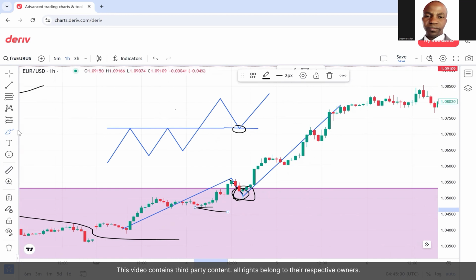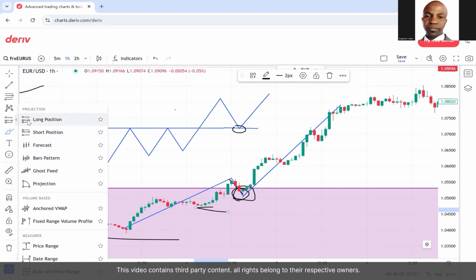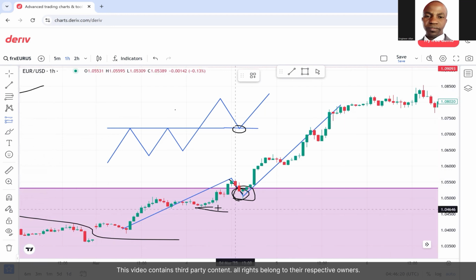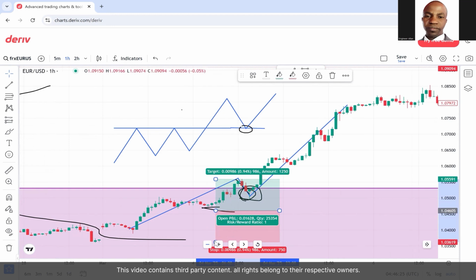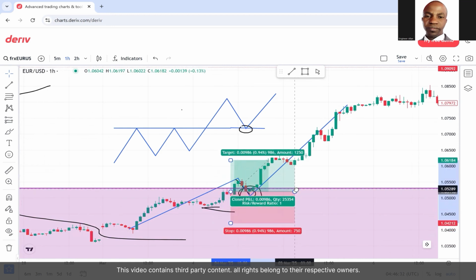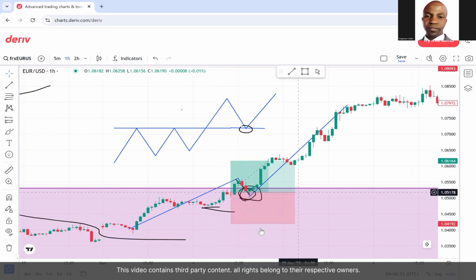So we have a long position. Because we're going long, a long position is for when you want to mark buys, and a short position is for sells. So you come here, our low is here, and our entry point is this particular area where the price is moving.